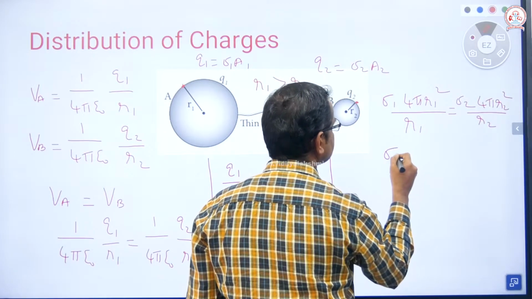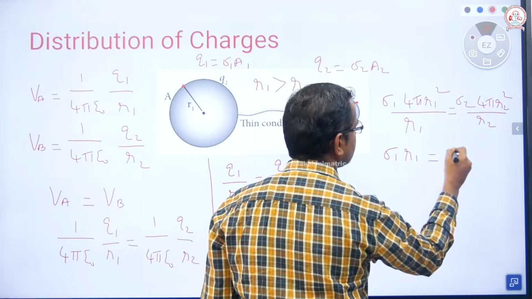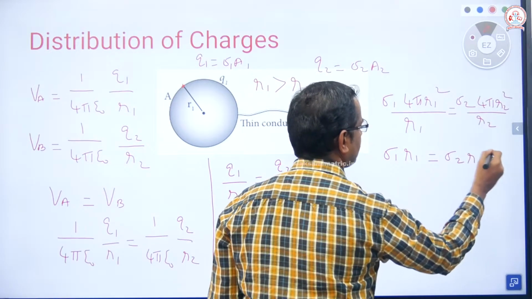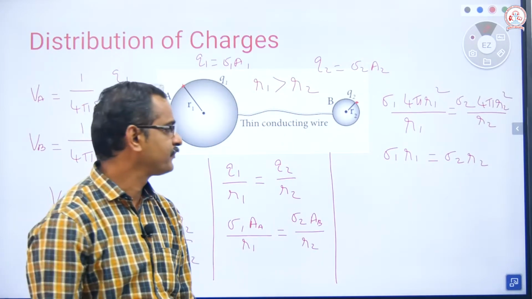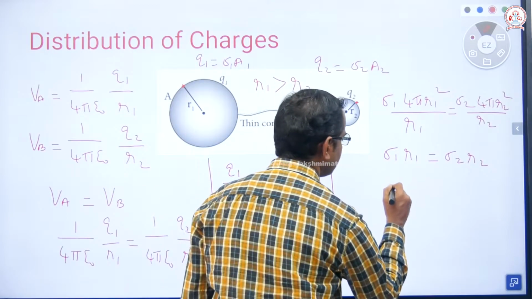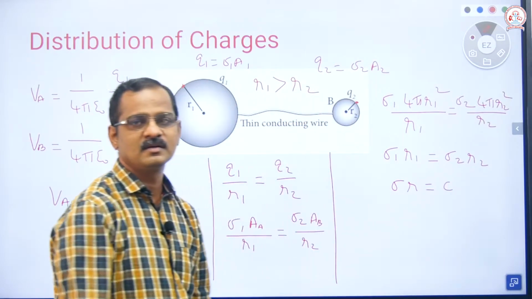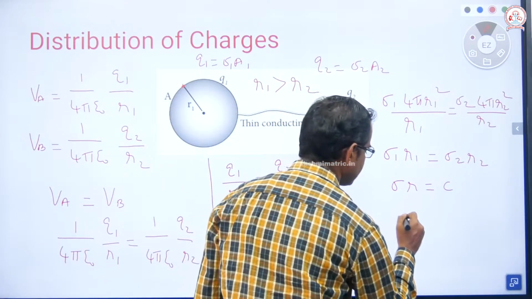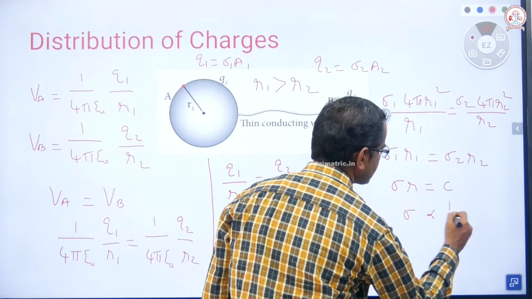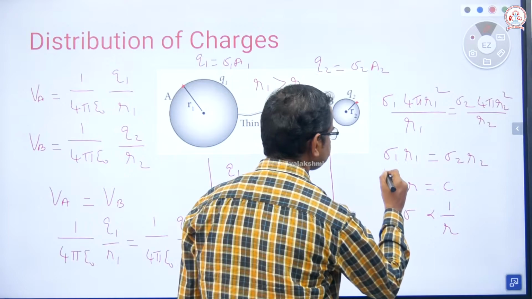Then we get sigma 1 into R1 is equal to sigma 2 into R2. So we can write that sigma into R will be a constant, or we can write that sigma is inversely proportional to radius.